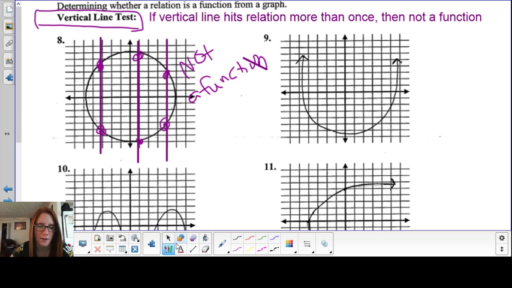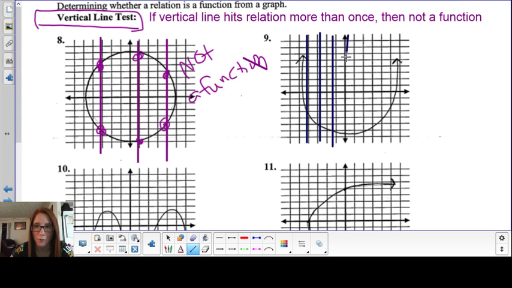Okay, keeping that in mind, let's go ahead and draw some more lines. Does it matter where I draw these lines? No, as long as they're 100% vertical. It could be in between 2 lines. It could be exactly on a graph line. Doesn't matter.